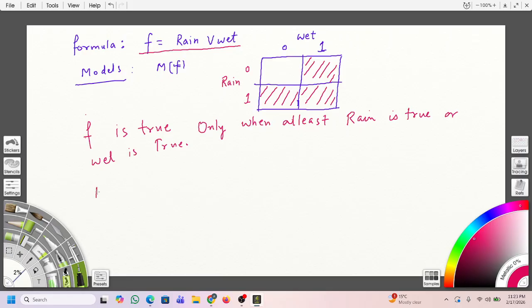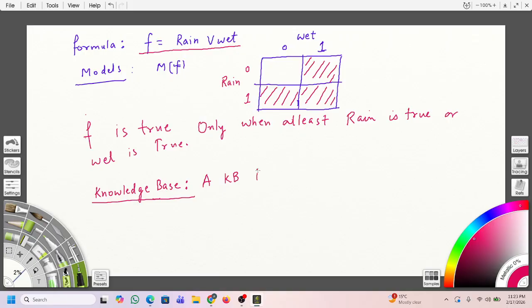Now coming to the next term, knowledge base. What is a knowledge base? Now that we have defined models, let us see the definition of knowledge base, which in shorthand notation we write as KB.